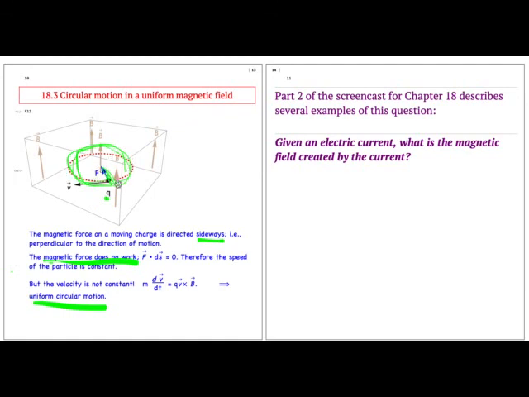Well, that's called uniform circular motion, with a centripetal force producing a centripetal acceleration. And the force is qv cross b. So there'll be a bunch of problems where you have to consider circular motion in a uniform magnetic field. Circular motion of a particle in a uniform magnetic field.